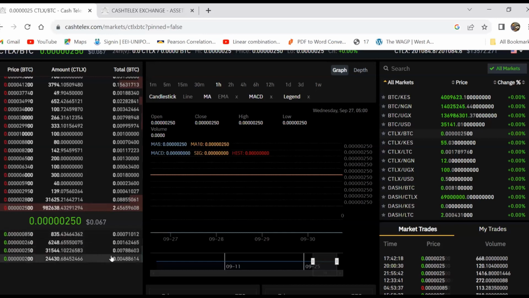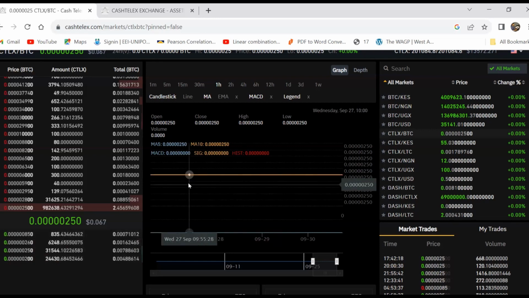Let's say now I have 0.004688 Bitcoin in my account, and I want to buy at this rate, 0.0000200. If I'm buying at this rate, I'm going to buy this total number of CTLX. So this is the price that I want to buy at, and this is the amount of CTLX that I'm supposed to get after buying it.